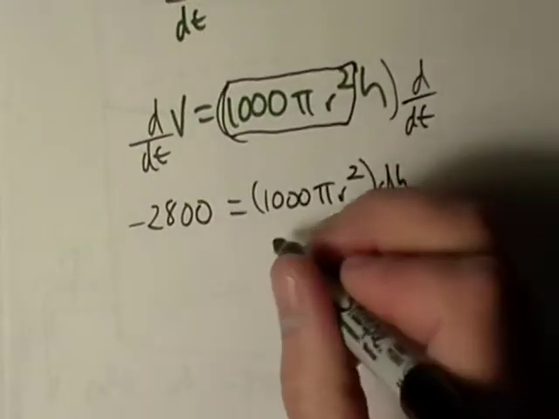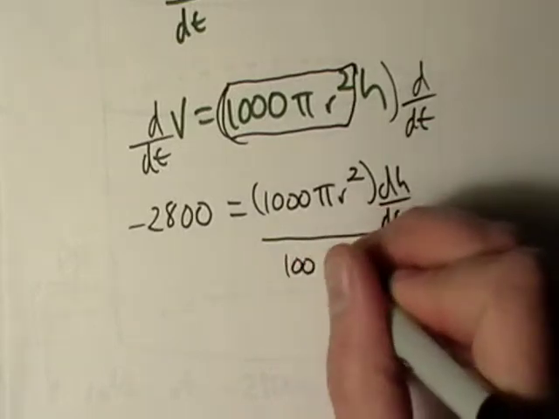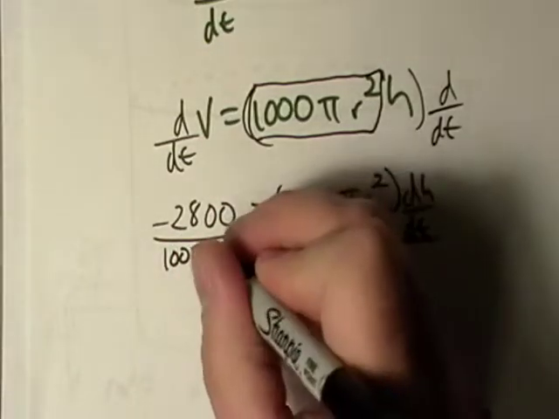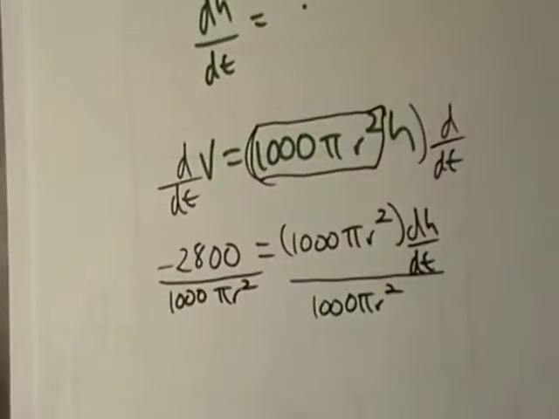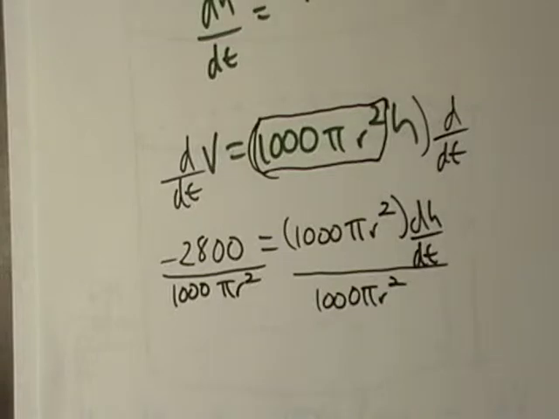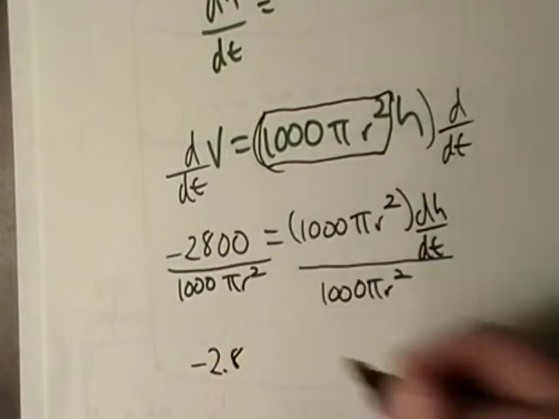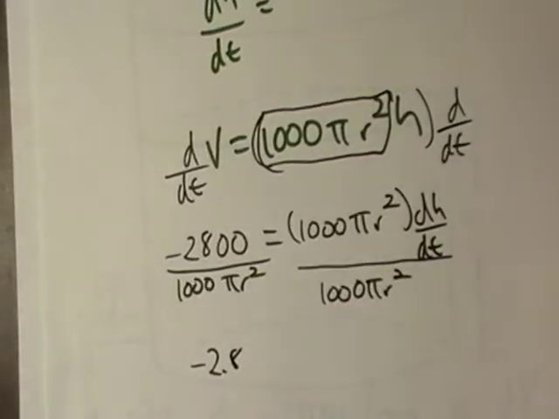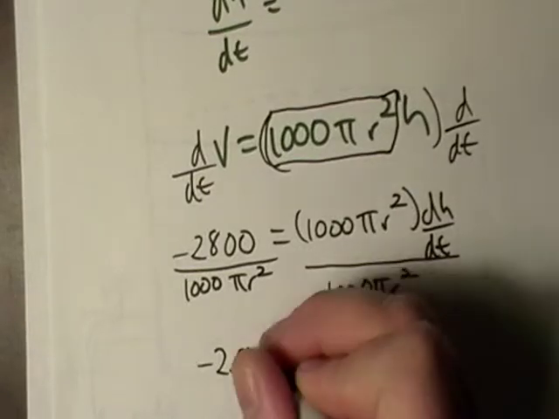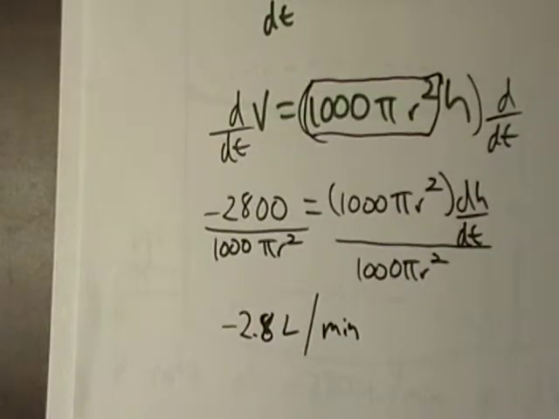Okay, now let's divide both sides by pi r squared. That's just going to be 2.8, sorry, and it looks like we're in liters per minute. Okay? So that's what we did.